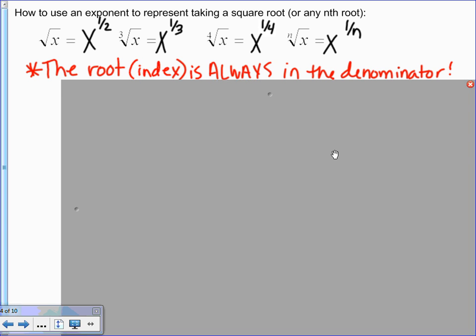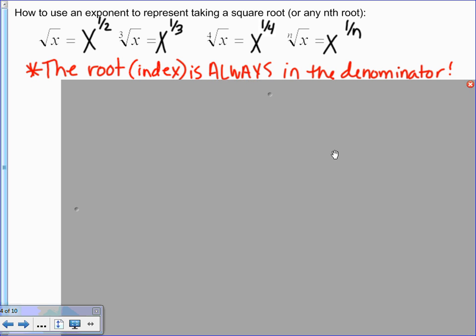So if I was taking the 8th root of something, that'd be like x to the 1/8. Can you all accept this?